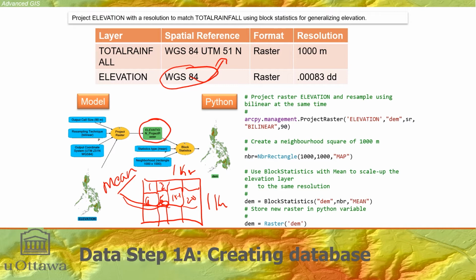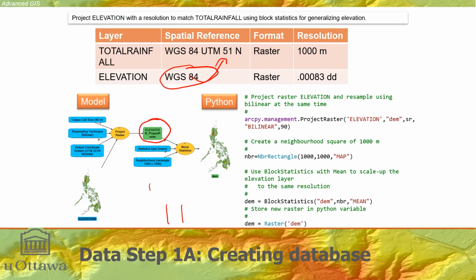The average of all of the 90 by 90 meter cell values should be assigned to the new 1 kilometer by 1 kilometer cell size. There's an assumption in using the mean that within that 1 by 1 kilometer, the 90 by 90 meter values are normally distributed. You could take a median instead of a mean if you're not sure about the normality of the cells inside of them.